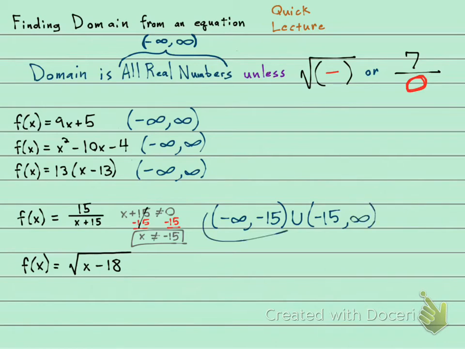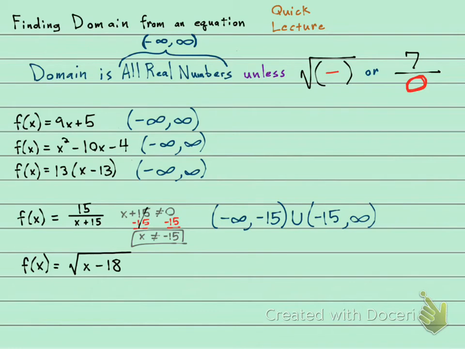Okay, so my first interval right here includes every number all the way up to negative 15, but not negative 15. That's what this parenthesis is for. So it includes negative 14.9 and negative 14.99999. Goes all the way up to negative 15, but does not include negative 15.